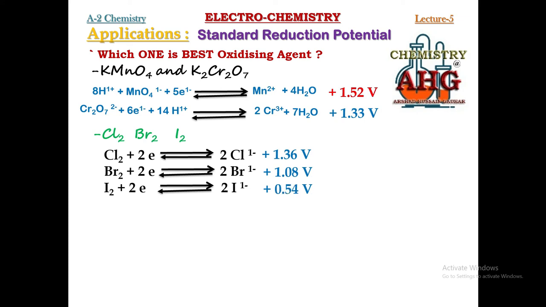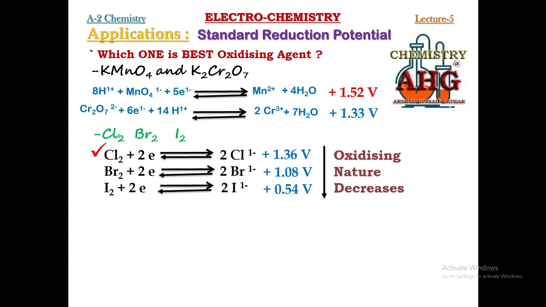Now you can guess quite easily which one of these three is the strongest oxidizing agent. It is chlorine. Why? Because its reduction potential is most positive. And which one is the weakest oxidizing agent? It is iodine, because its standard reduction potential is least positive. So what you can answer in this question is that from chlorine to bromine to iodine, oxidizing nature decreases.